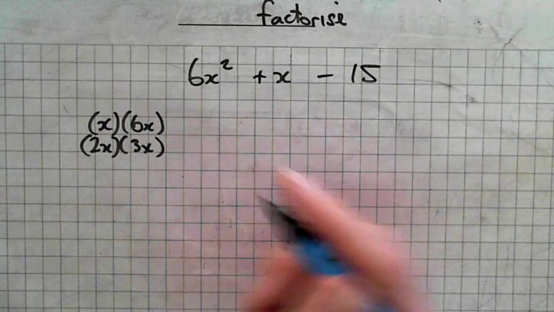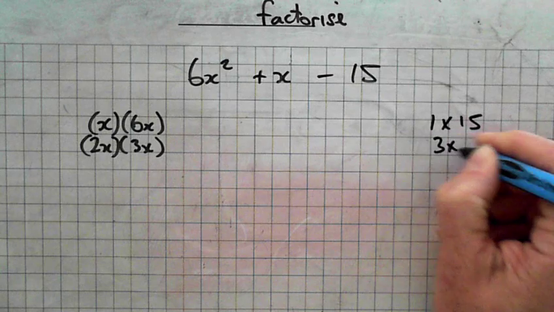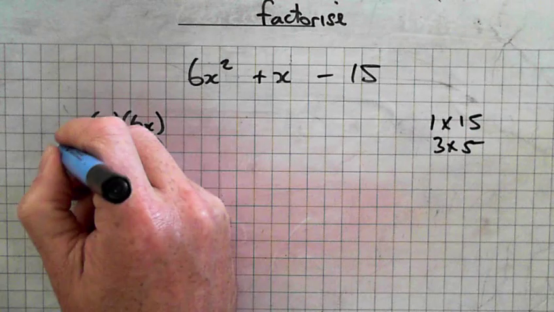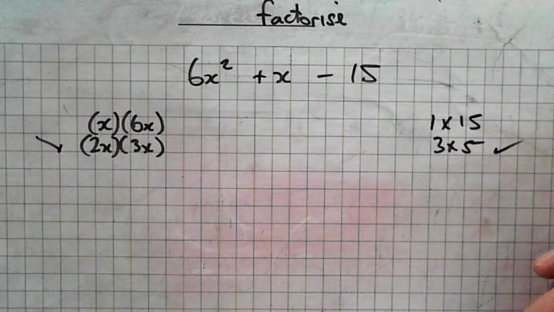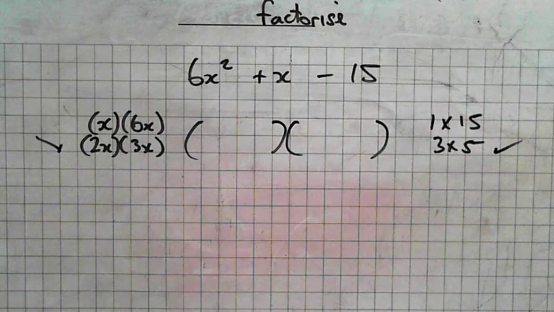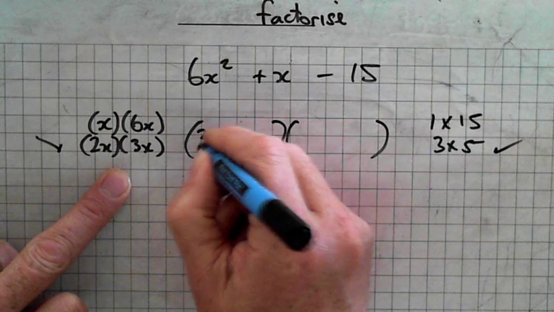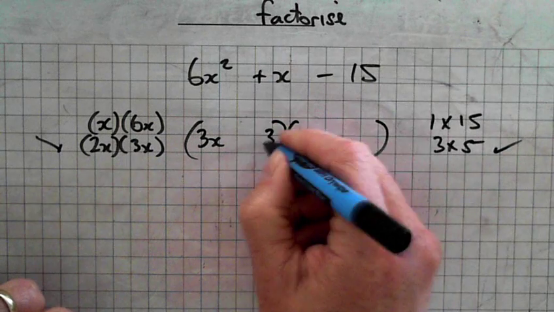Looking up. Factors of 15: 1 times 15 and 3 times 5. Well, as I said, I'm always going to start by checking using the bottom pairs first. It's a bit of trial and error. So I'll put in the 3x and the 2x. And I'll put in the 3 and the 5.